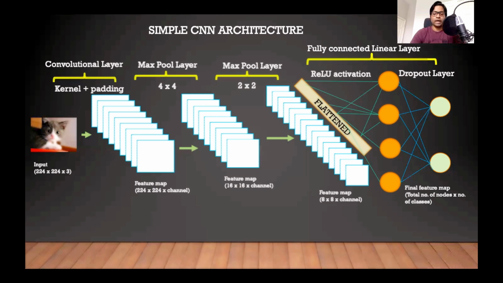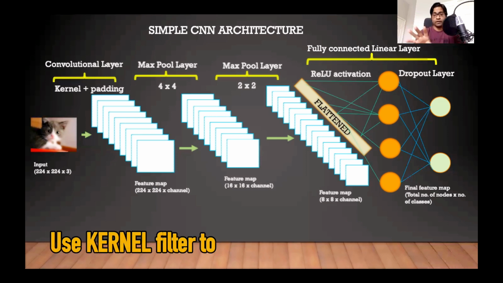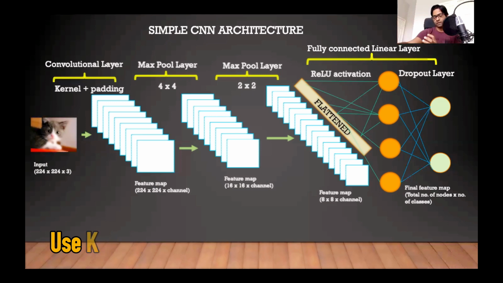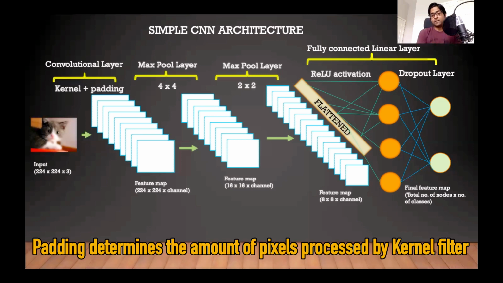So we use a technique called a kernel to extract the features from the image. A kernel is more like a filter, and the filter usually calculates a dot product with the matrix representation of the input image, and that helps to extract all the features and pass them on to the next layer. While the kernel is extracting the features from an image, there is another technique called padding that determines the amount of pixels that will be passed on to the next layer.